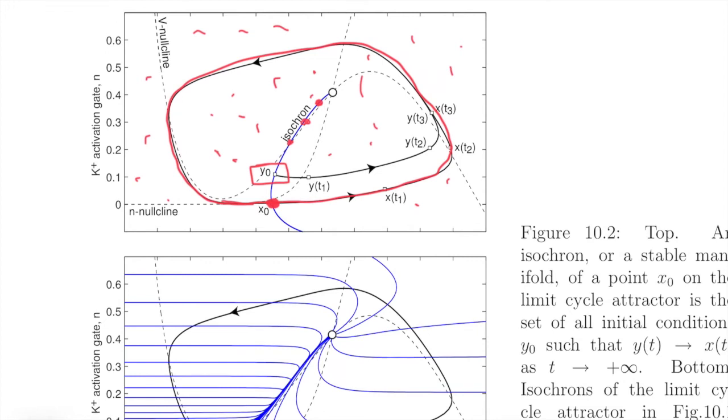So the idea is that this y0, if we let time go to positive infinity, then y of t1 after a period of time is going to be here, and then y of t2 and then y of t3, which is equal to x of t3.